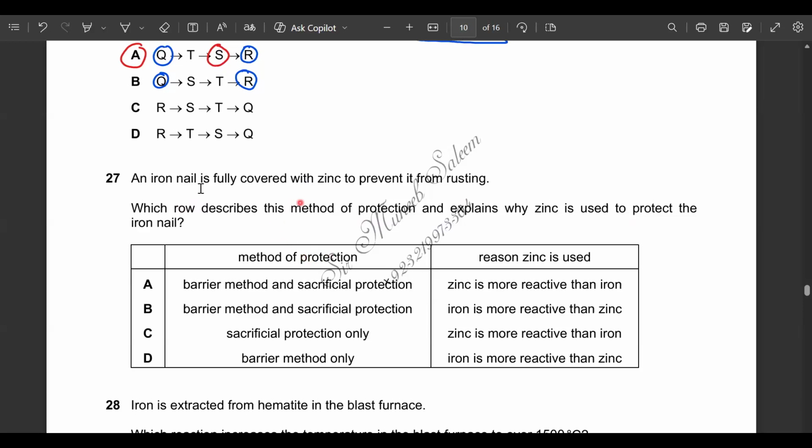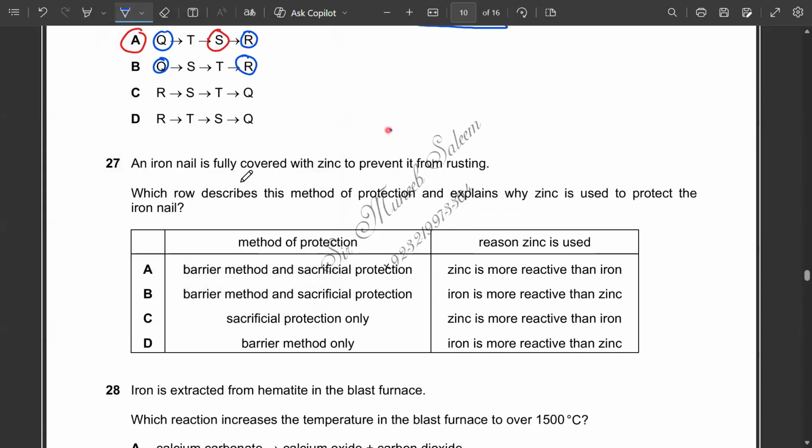If we cover the iron with zinc, like inside we have iron, and on this we have a coating of zinc.